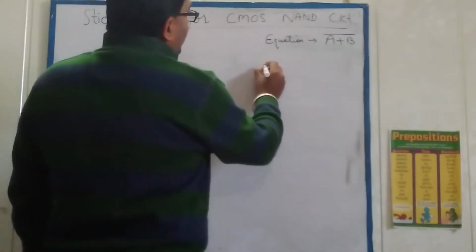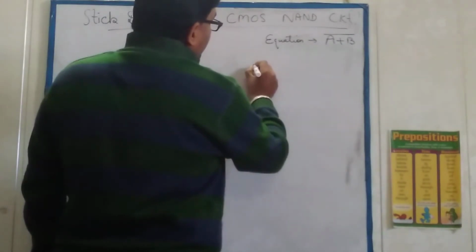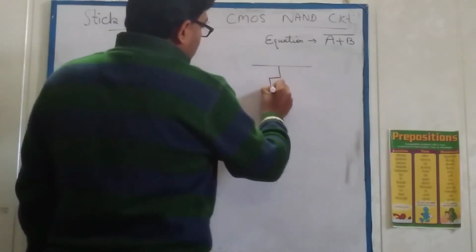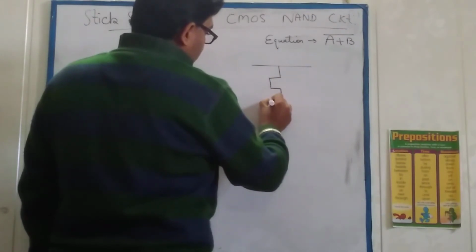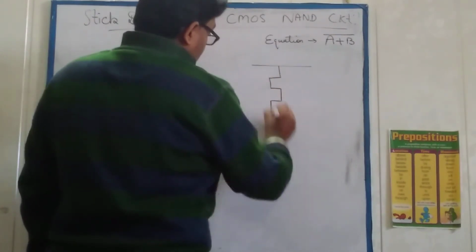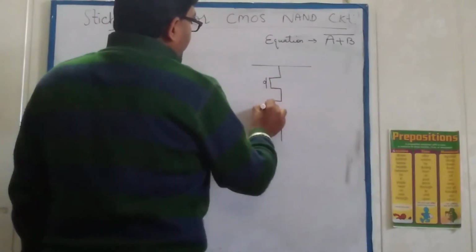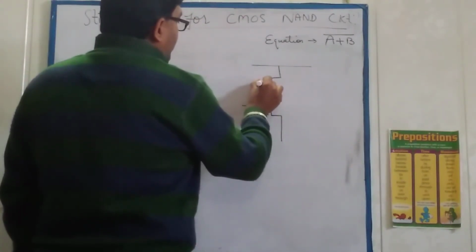Now for the circuit diagram using CMOS, we have to take two sets of PMOS and NMOS. The PMOS here are connected in parallel.